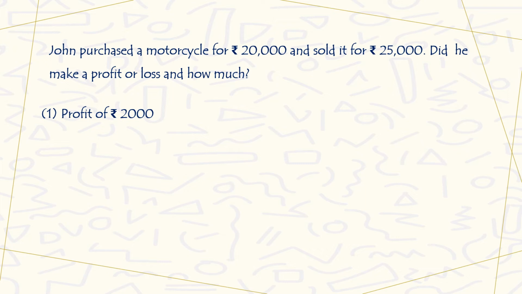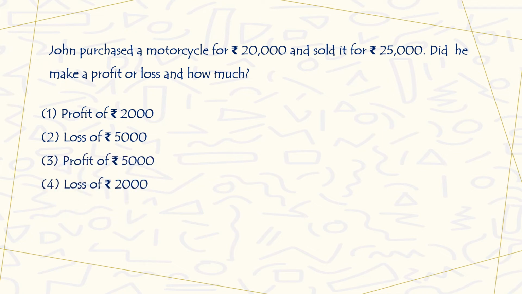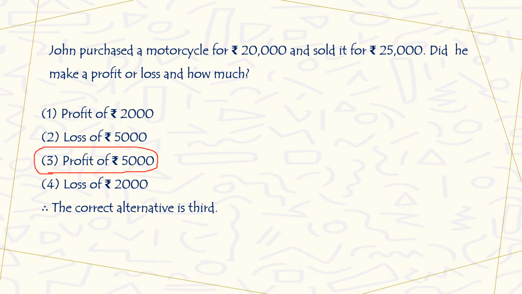Now you have to know how much the profit is. You can simply subtract and get the correct alternative. Whether the profit is rupees 2,000, the loss is rupees 5,000, the profit is rupees 5,000, or the loss is rupees 2,000. If you subtract it, you will get 5,000 rupees, and we all know that it was a profit. So the correct alternative is alternative number 3, that is rupees 5,000. Okay, it has to be this quick. You should be able to solve the sum this quickly.